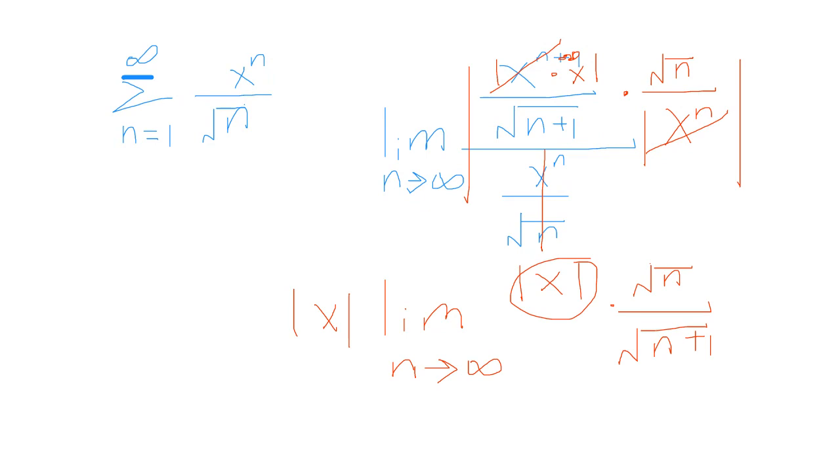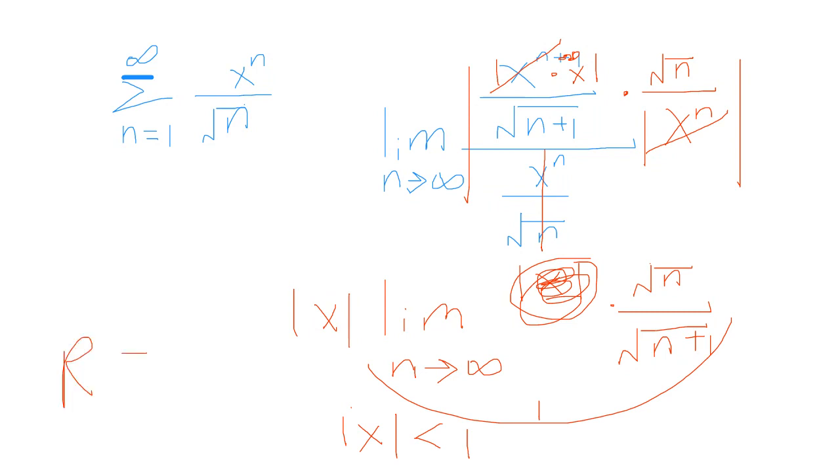Then I just take a limit of this term, square root of n over square root of n plus 1. Well, that just equals 1, right? So the whole limit equals 1 by the ignore rule. So absolute value of x times 1, just absolute value of x. Well, by ratio test, if this is less than 1, the series converges. So you see R, the radius of convergence, is equal to 1.